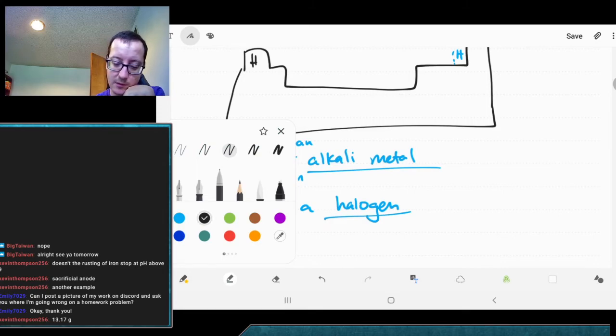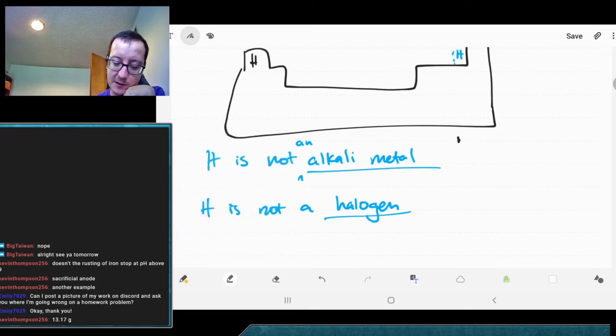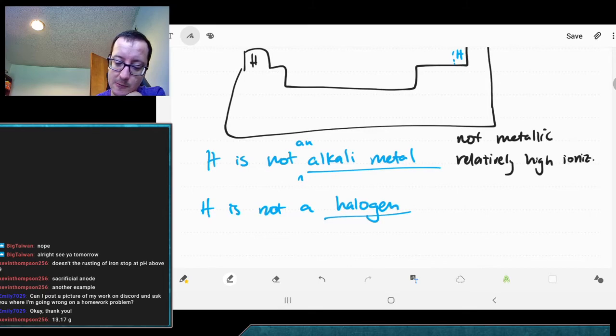So hydrogen, it's not metallic. And relatively speaking, it has a relatively high ionization energy. So compared to all the other alkali metals, it's way, way higher.